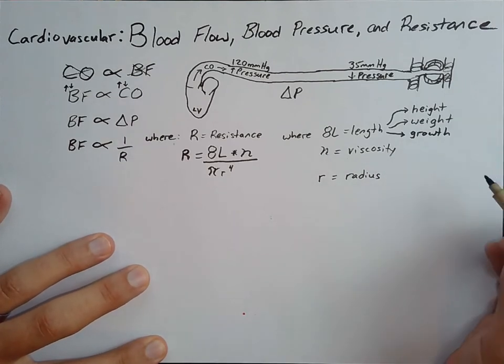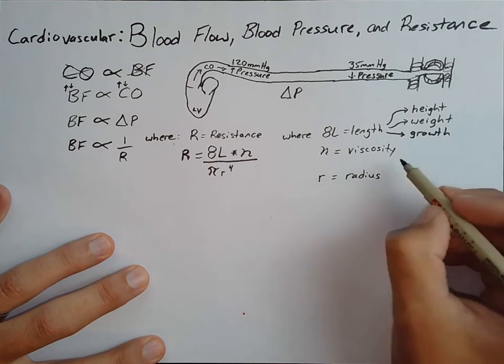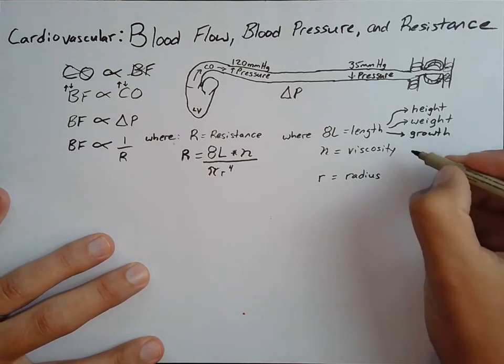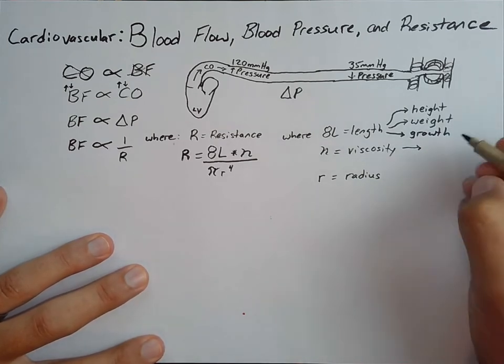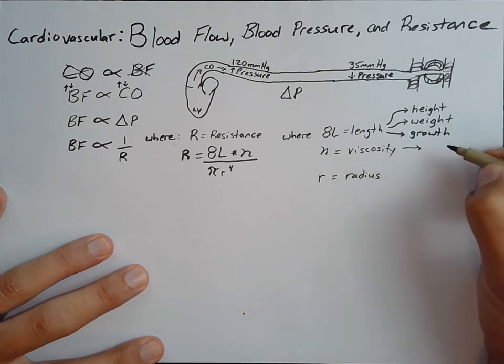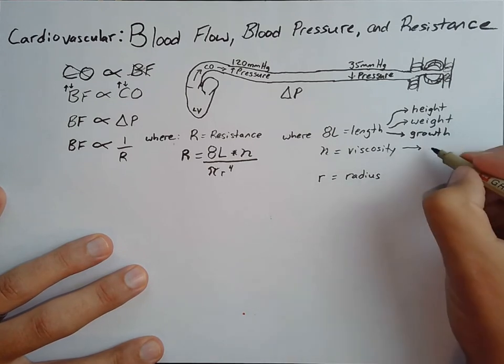Viscosity. There are two major factors that affect viscosity. The number one reason for viscosity in the blood, hopefully this takes you back to your lessons on blood and the components of the blood cells, right? So viscosity is going to be controlled by cellular components or formed elements. And the number one formed element that controls viscosity are erythrocytes, right?